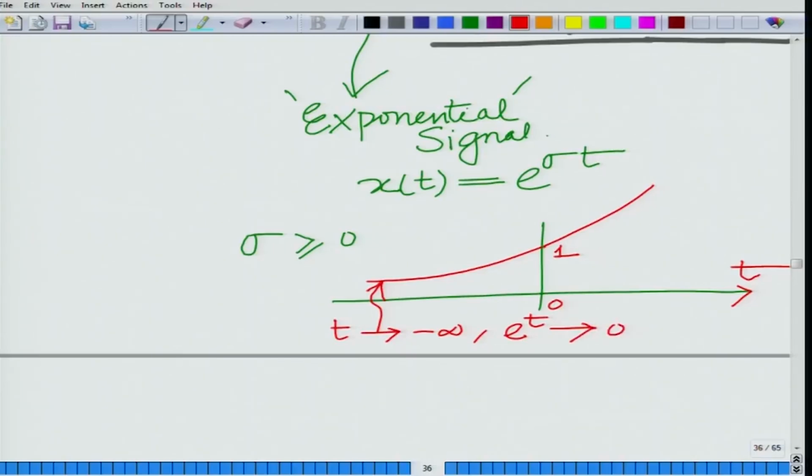So, it is always positive. e to the power of sigma t for any t is always greater than 0. This is in fact a positive signal.